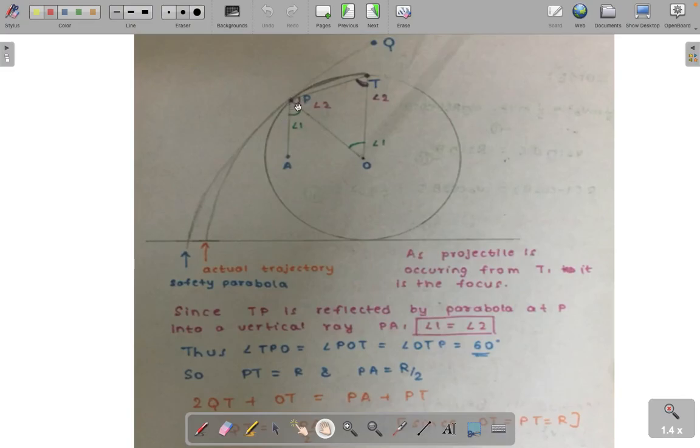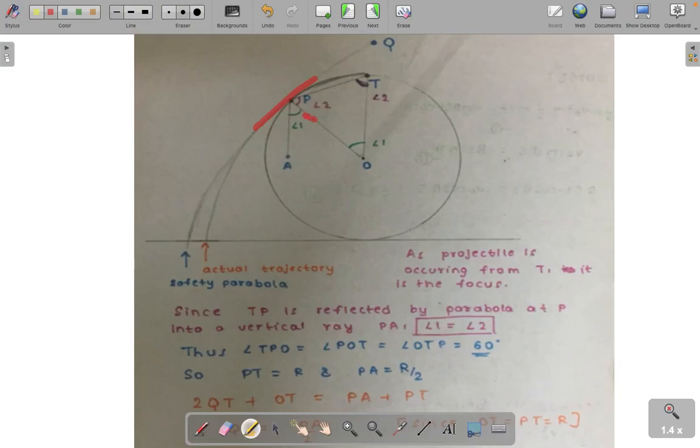So this line which I am representing here, yes, this must be perpendicular. This OP, which is the radius, must be perpendicular to this tangent.